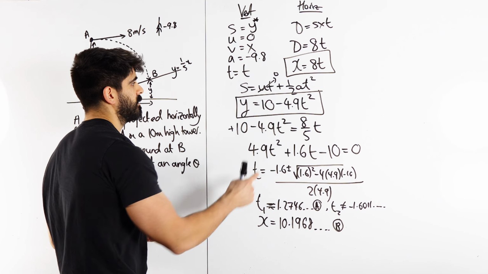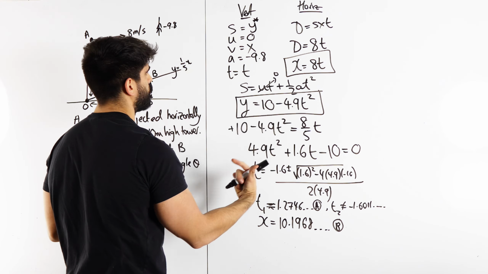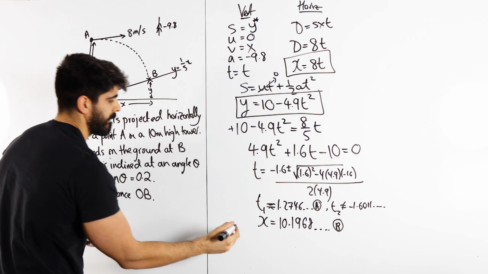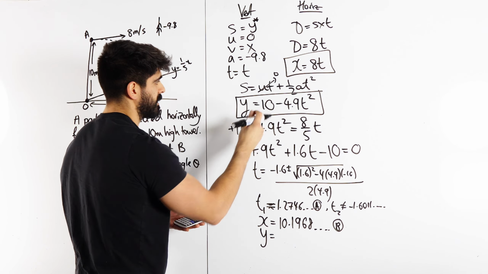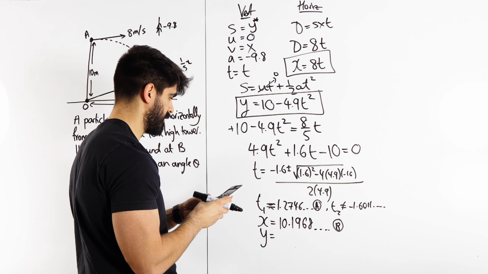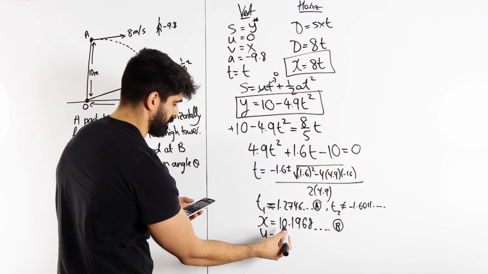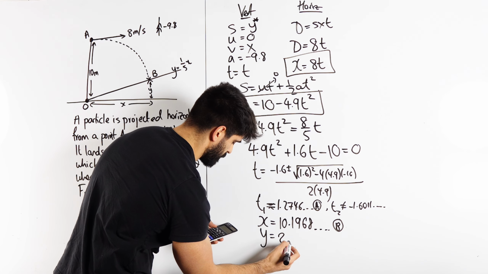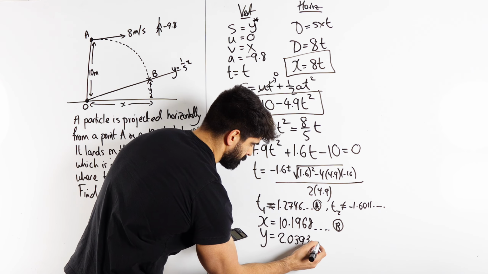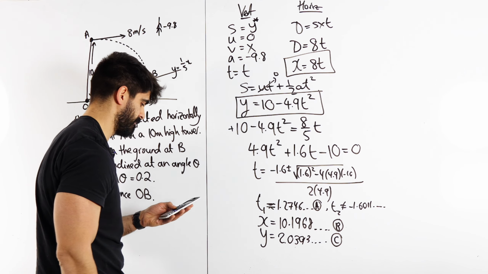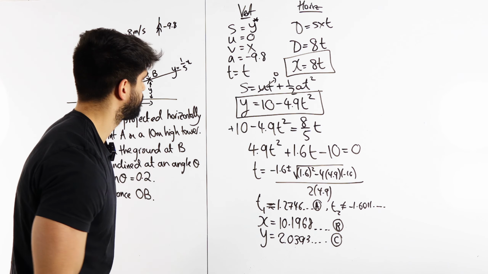Now to find y, you could sub in your a value here, or you could just divide it by 5. I'll show you it gives the same thing by subbing in here: 10 minus 4.9a squared is 2.03, which is a fifth of that. Store that as c.